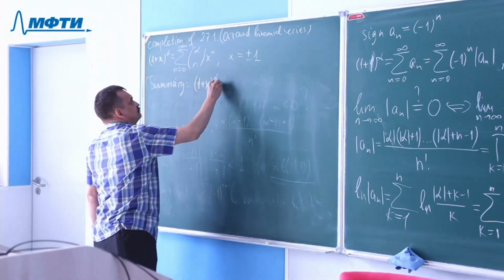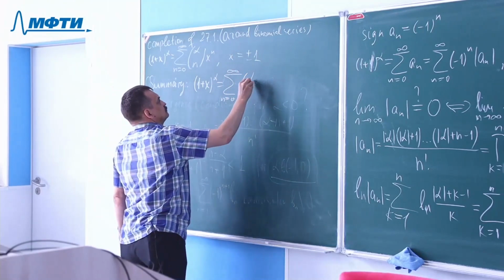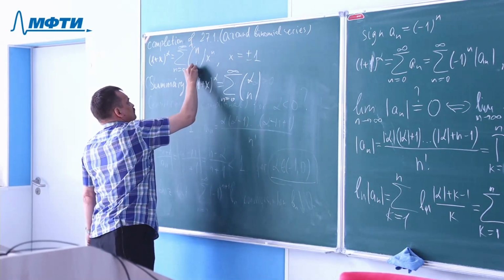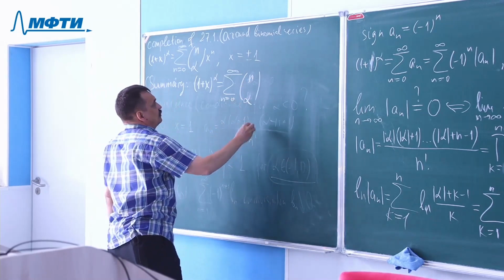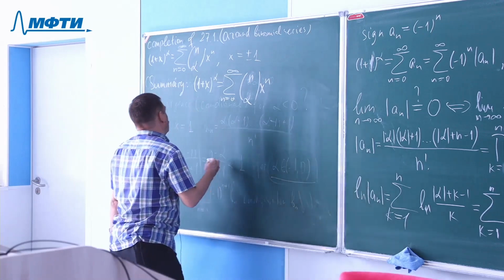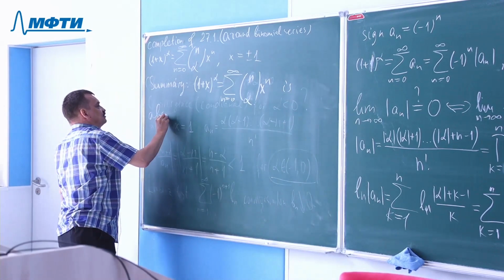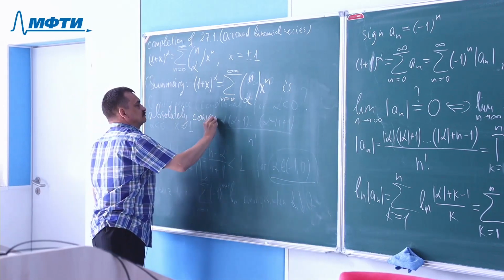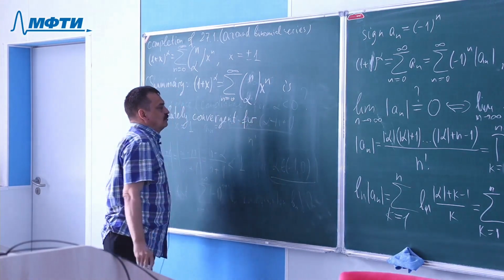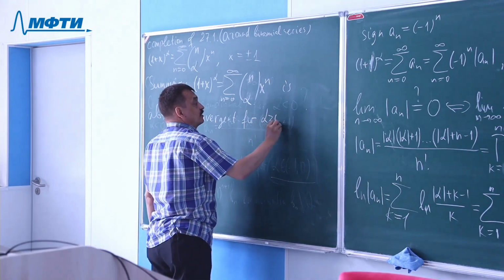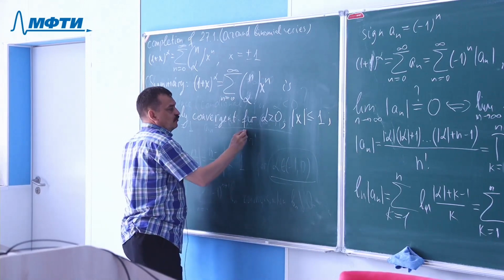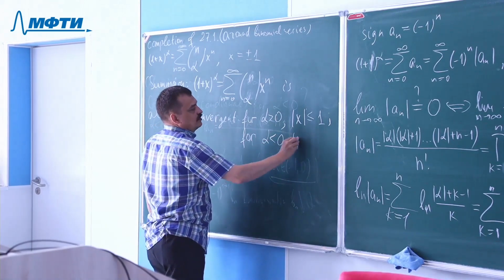The series of 1 plus x to the power alpha, sorry, and alpha binomial coefficient times x to the power n, is absolutely convergent for alpha greater than 0, modulo x less or equal to 1, and for alpha less than 0, modulus x strictly less than 1.